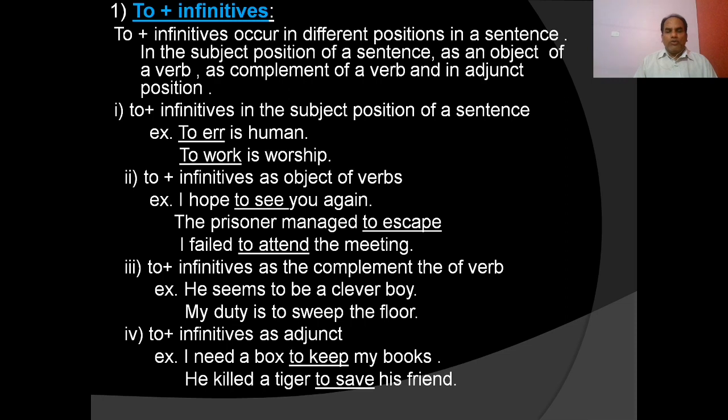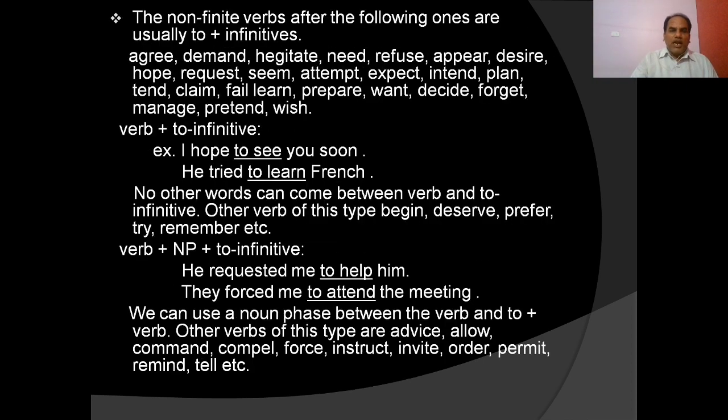It is not compulsory, not obligatory, but it is the additional or optional part of the sentence. I need a box. He killed a tiger. That is a complete sentence. To save his friend gives additional information. It is an optional part of the sentence. So it is adjunct. So to-infinitive can be used as an adjunct.